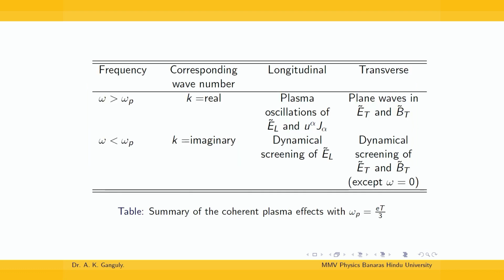The whole description can be summarized by this table, where we have given the frequency ranges when they are greater than the plasma frequency, when they are less than the plasma frequency, the corresponding quantities, those that are real, those that are imaginary, and the status of the longitudinal part and the transverse part compared side by side.